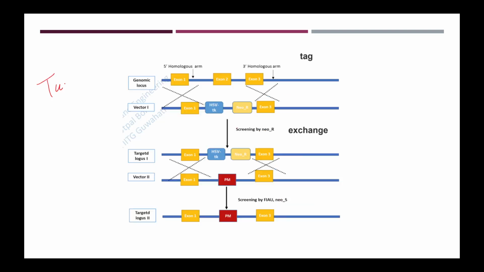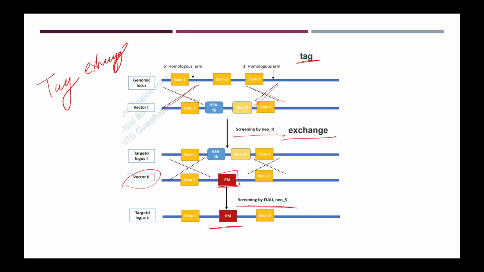Then there is another technique which is tag and exchange. In tag and exchange, you will use the replacement kind of vector where there are two homology arms. You can see here the homologous recombination is taking place. Screen it by neomycin drug. Then you provide another replacement kind of vector where you will introduce the point mutation in it, and another crossover will take place.